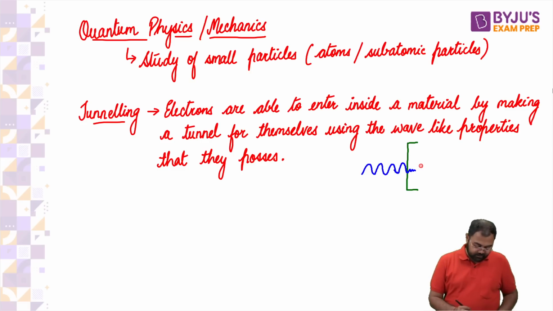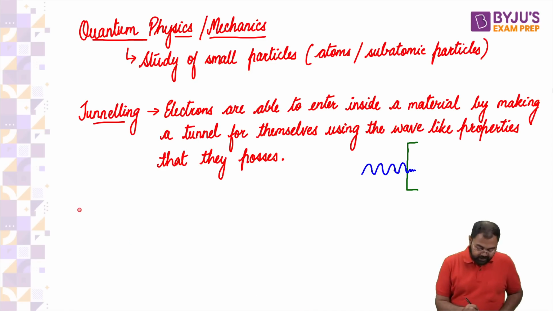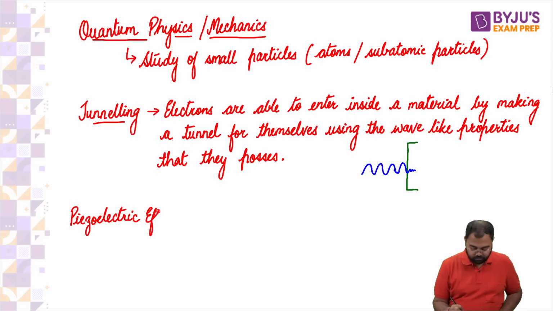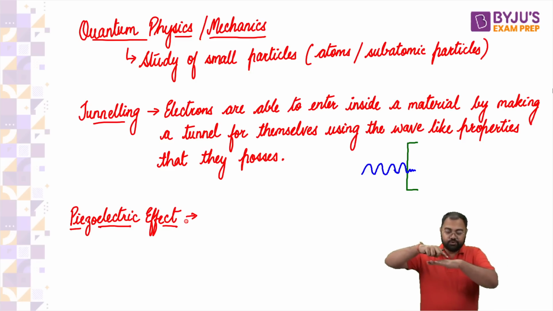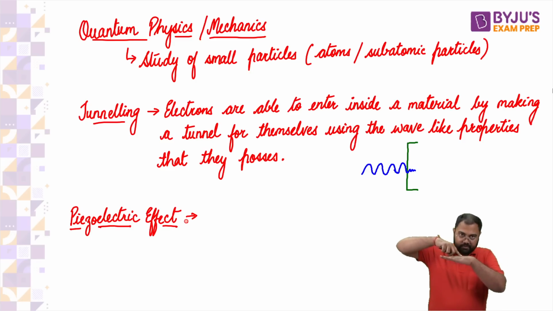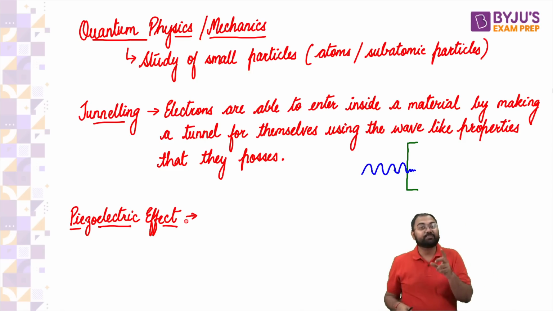Now the second property is the piezoelectric effect. It is a concept where, if you press a surface by applying some pressure or stress on it, and because of that electricity is generated, then we say it is the piezoelectric effect.